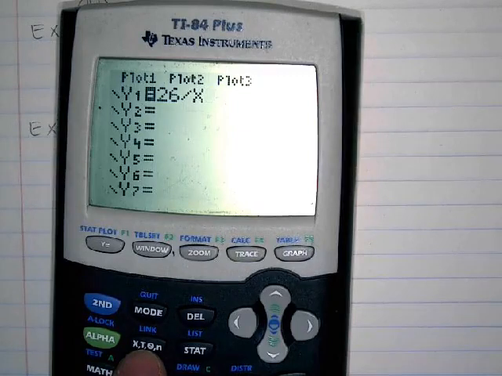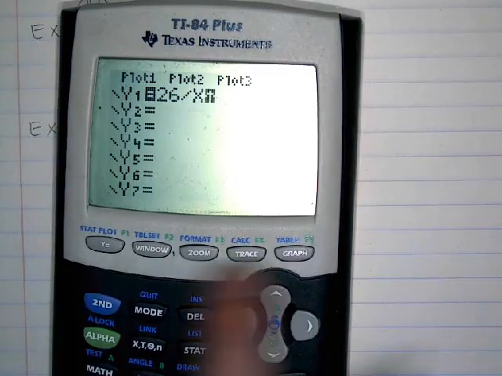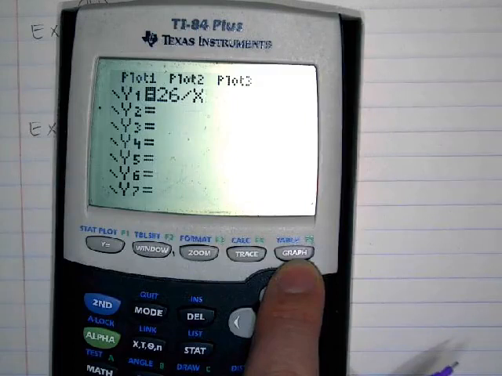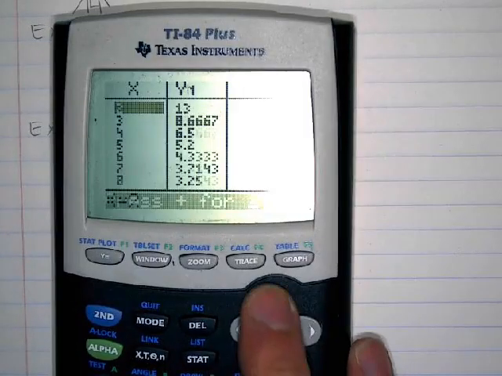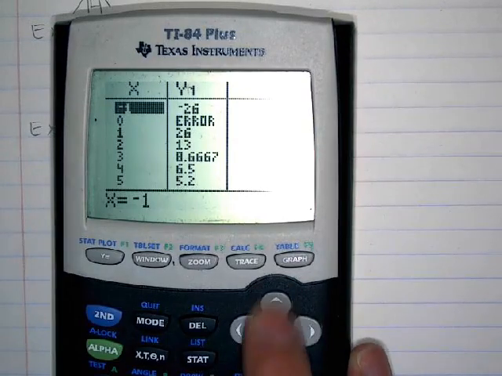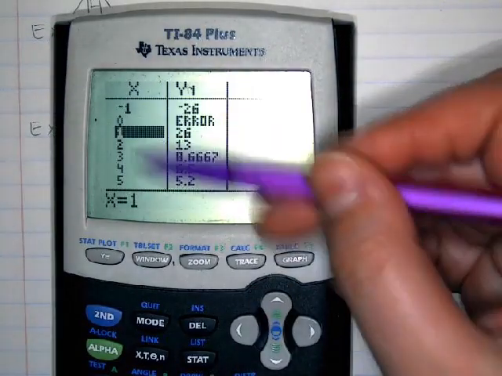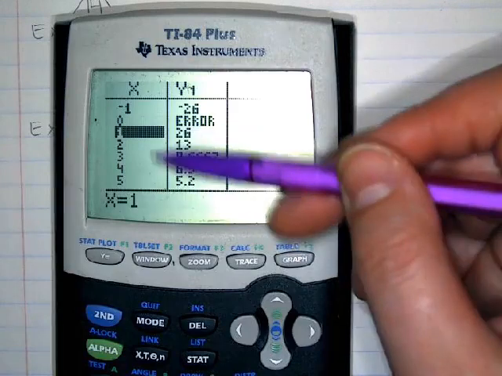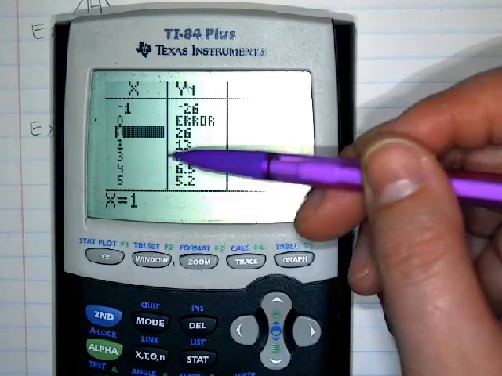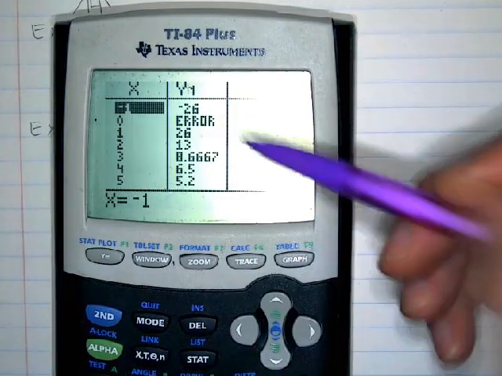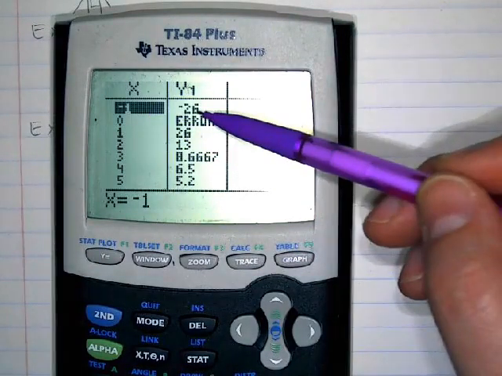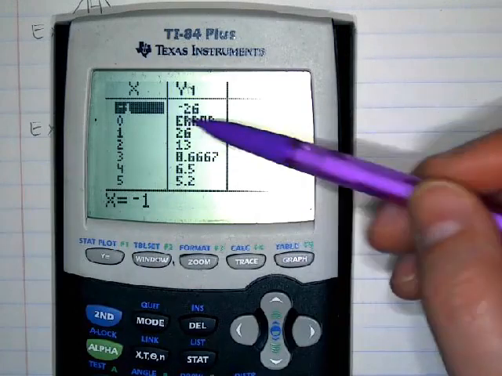Then I'm going to hit second graph. Now, if I look down here, all of these are adding up to positive numbers, and I need to add up to negative numbers, so I'm going to go in the opposite direction. Negative 1 and negative 26 adds to negative 27.